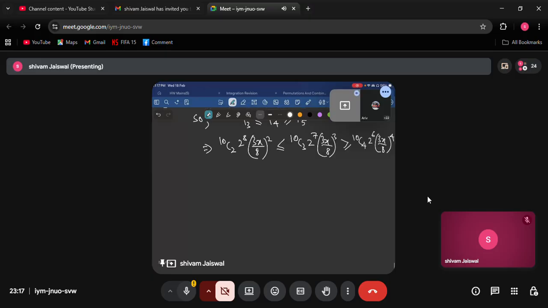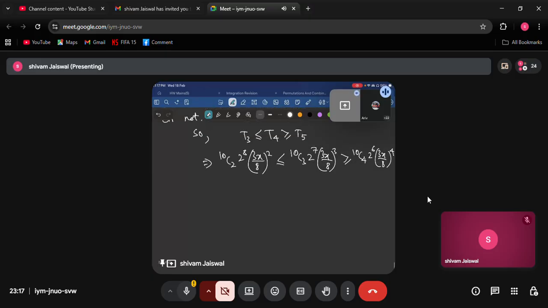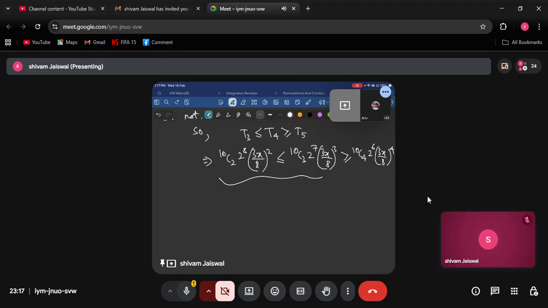Okay. So on simplification, let us simplify these two first: 10C3 and 10C2. Of course, 10C3 will be greater.